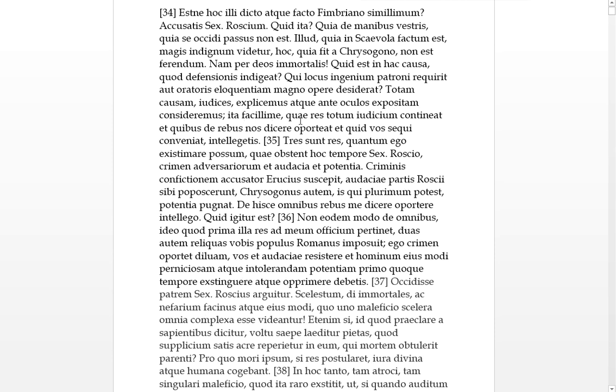Ita facillime, thus most easily, the res quae, this matter which is contained in this totum judicium, this whole trial basically, and quibus de rebus, and the things in which, that's a relative pronoun, concerning the whole matter, oporteat, what we ought to say concerning this matter, de rebus, and quid, and what, vos, you, contrasting with nos, which is us, vos, which is you, conveniat.